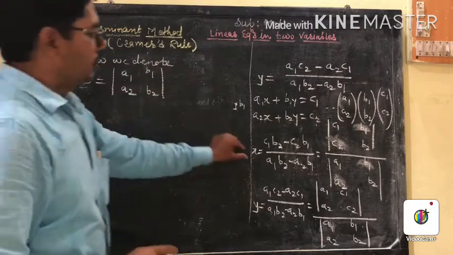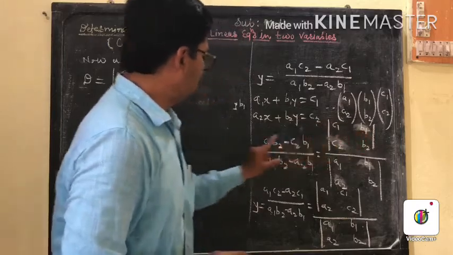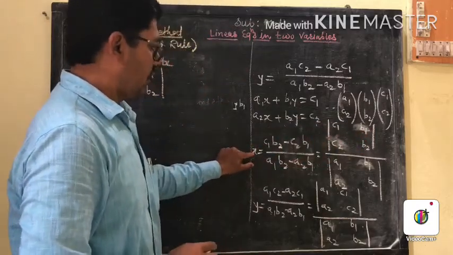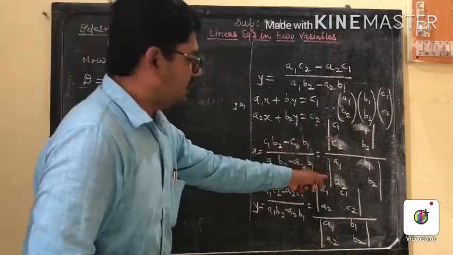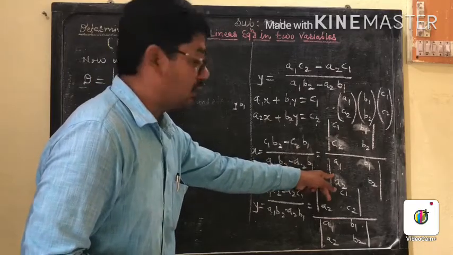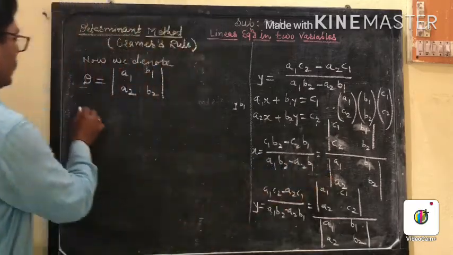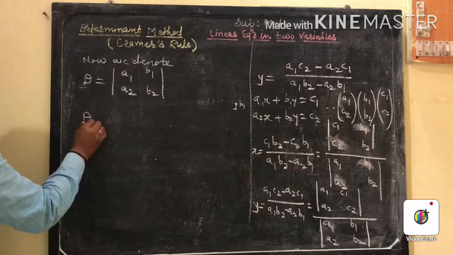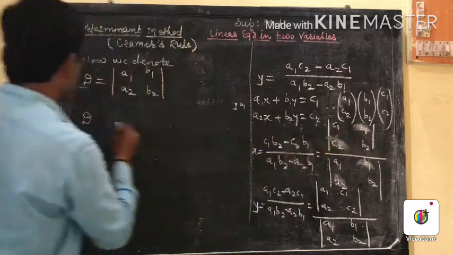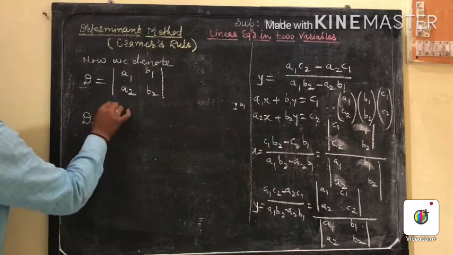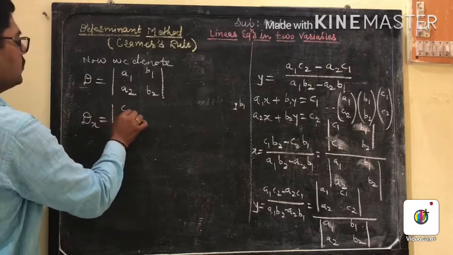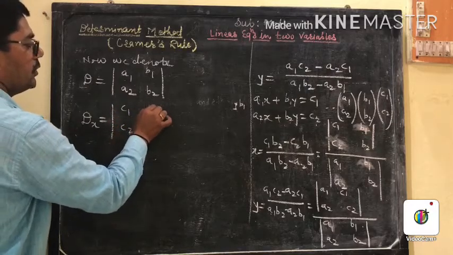The determinant for the value of x we call Dx, and Dx is c1 c2, b1 b2.